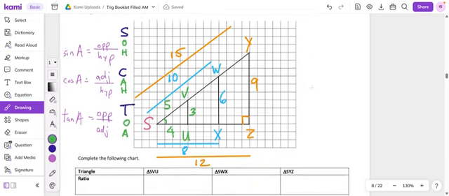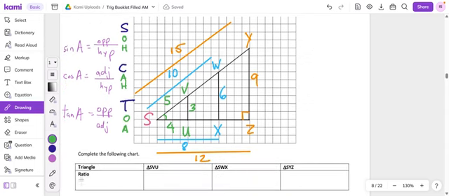So let's look at this tangent situation. If we're using tangent for angle S, that means we're looking at the OA, so opposite side over adjacent side.